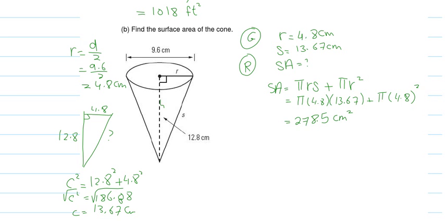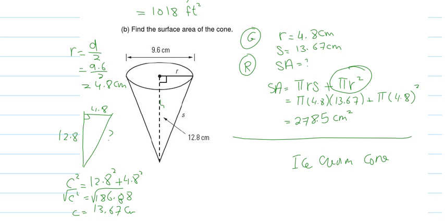So if I make this question a little different: find the surface area of this ice cream cone that has these dimensions. What will change? You don't add the pi r squared. That's right. If it's an ice cream cone, you're not going to add the circle. So the formula for the surface area is just pi r s.